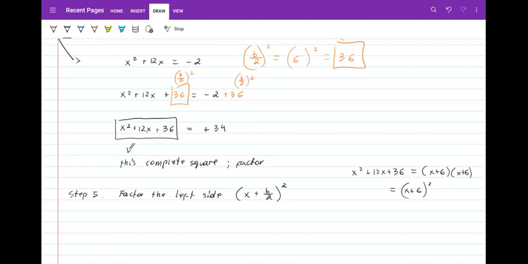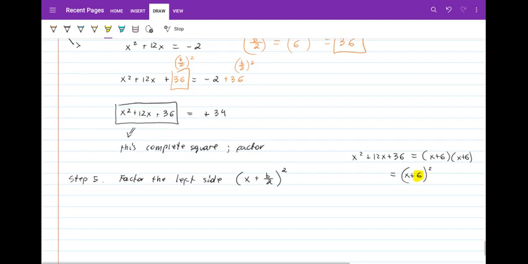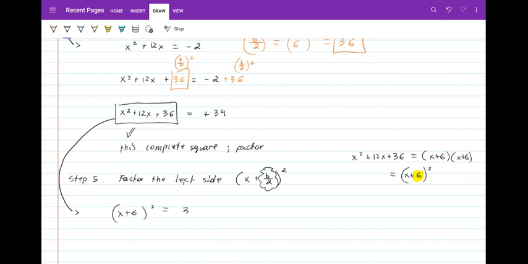So this is a complete square. And like you guys see, this part, 6, going back, was your b over 2. Okay? So in this method, when you factor the left side, you always will end up with x plus b over 2, all squared. So x squared plus 12x plus 36 is the same as x plus 6 squared, equal 34.